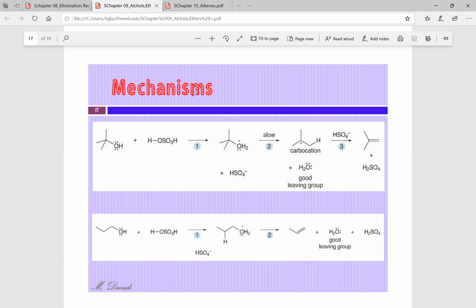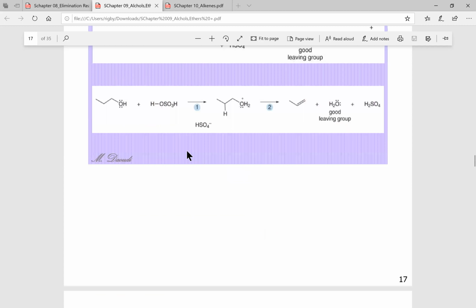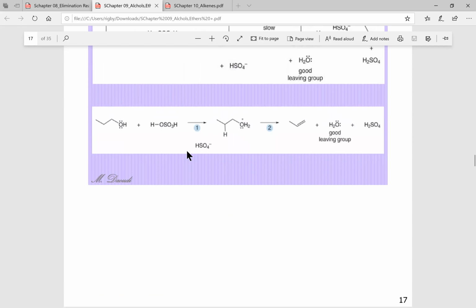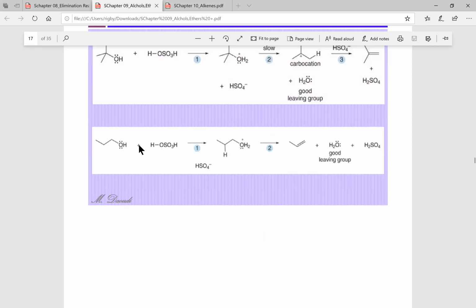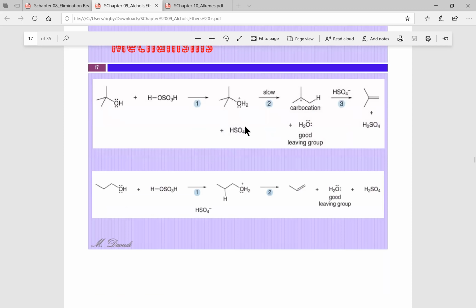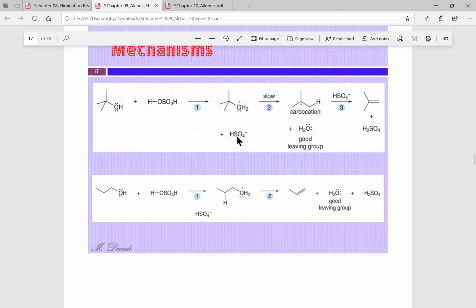All right? Okay. So here are some more examples. We can see here that the first step is 1, to protonate the alcohol, 2, have the leaving group leave, at least for this first one. Okay, so dehydration of alcohols, when we use a tertiary alcohol, then it's going to go through, not SN1, but E1.